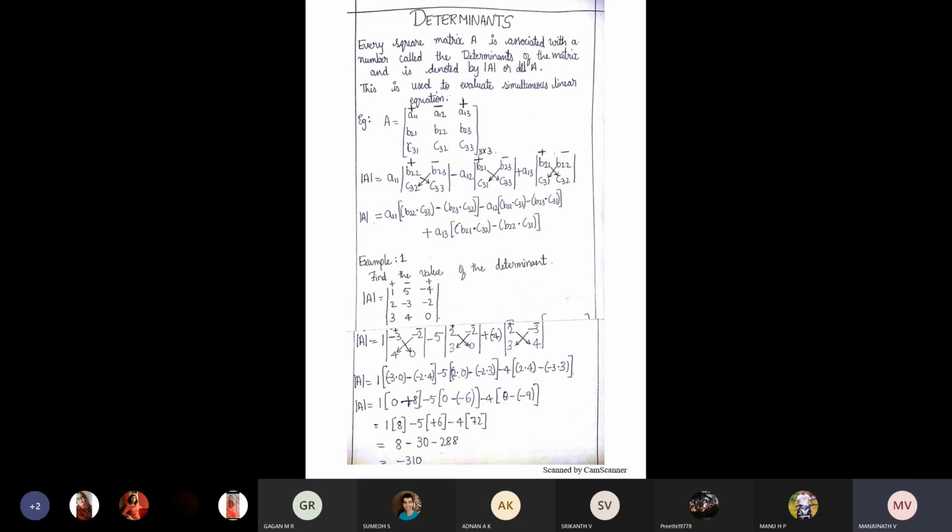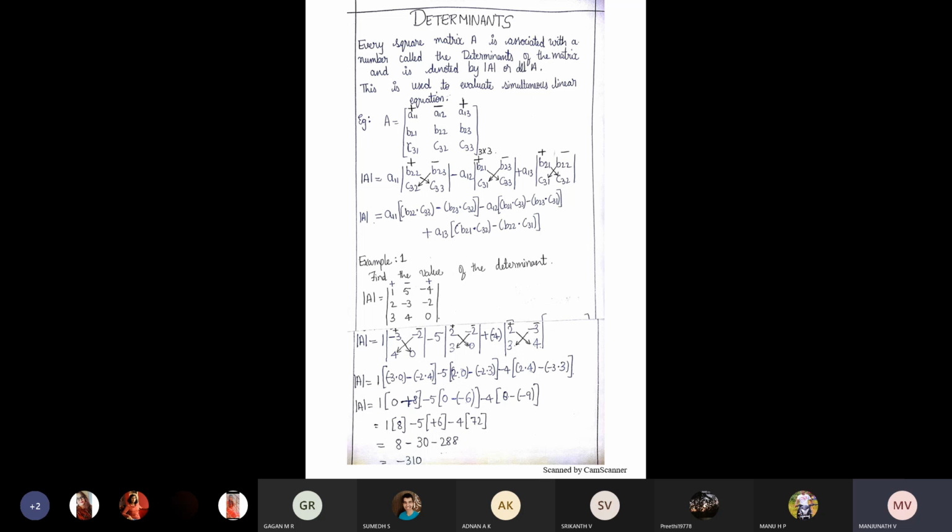Okay. Followed? You copy this second step now, including the arrow marks. Top left to down right, and then top right to down left. There are some arrow marks shown, right?